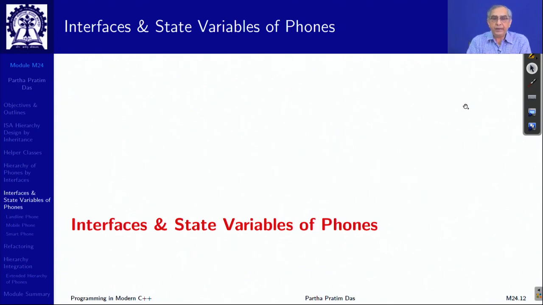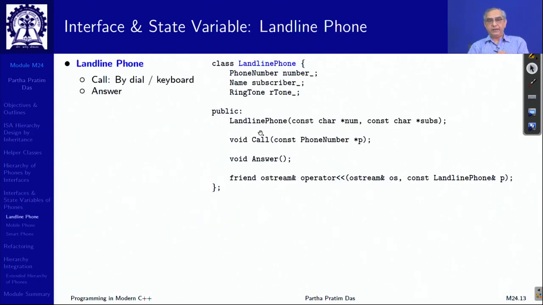Okay. So, this was mostly conceptual, these interfaces. Now let us slowly start putting it in terms of our C++ paradigm, the actual class paradigm, to define the interfaces and the state variables in every case.